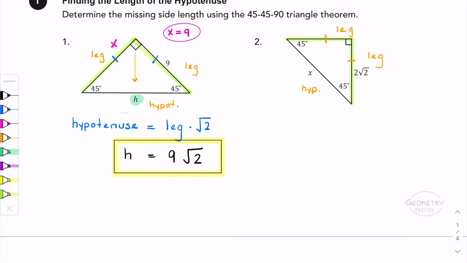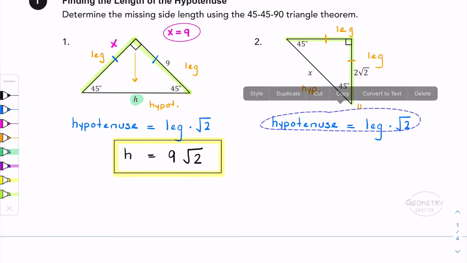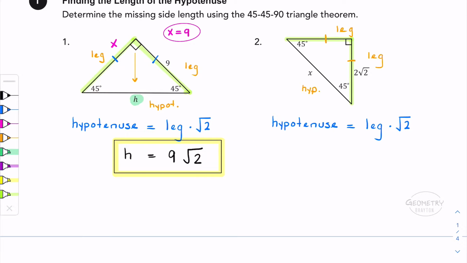So our formula of the hypotenuse is equal to the leg length times the square root of 2 will apply to this. The hypotenuse is represented with the variable x, is equal to the leg length of 2 square root of 2. That's the leg length specifically. And we are still multiplying this by the square root of 2. So we do have to simplify.